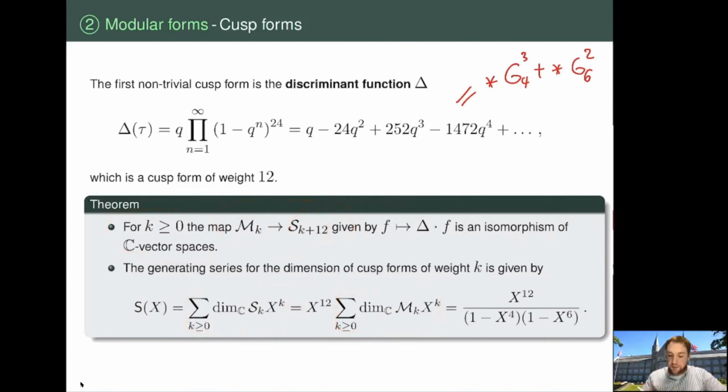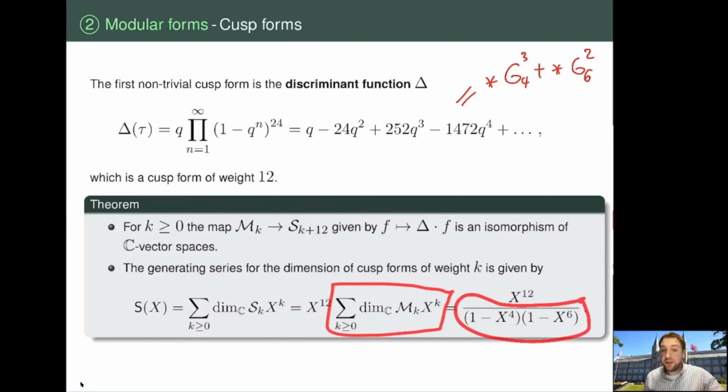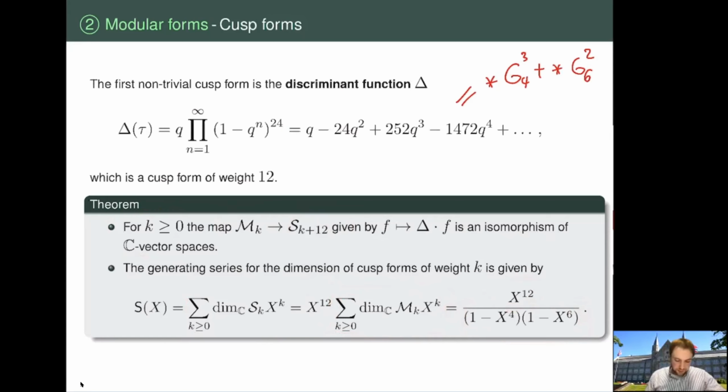And by the statement that the space of all modular forms is a polynomial ring in G4 and G6, and then one can also show G4 and G6 are algebraically independent, with this one can then show that the generating series of the dimension of modular forms is given by this term here. Because if you multiply this out here, you just get exactly the number of polynomials in G4 and G6. And then we still have this factor here. Okay, so you should remember that the dimension of cusp forms gives me this factor here.